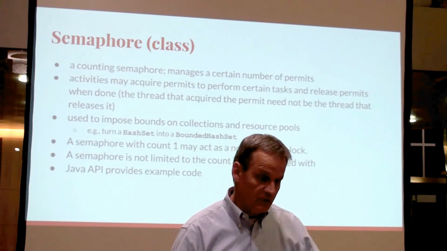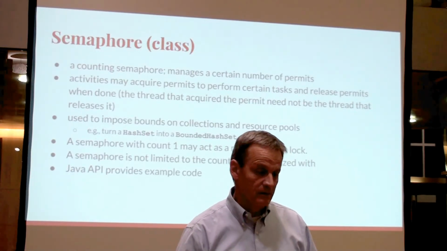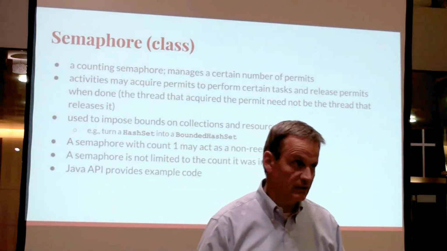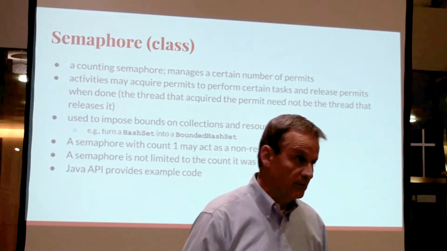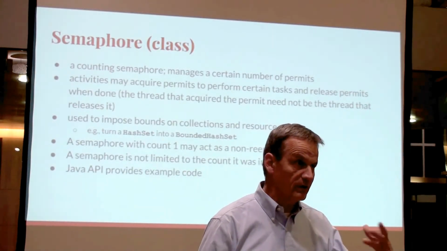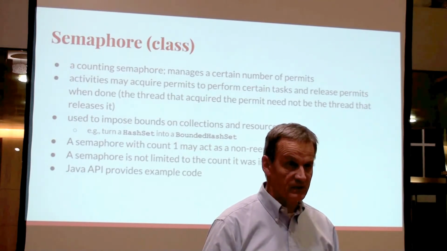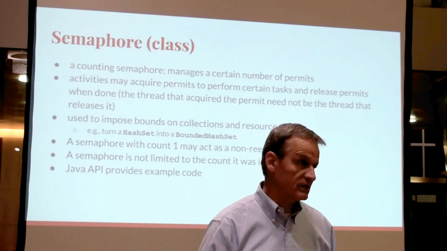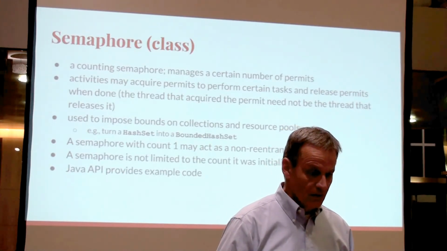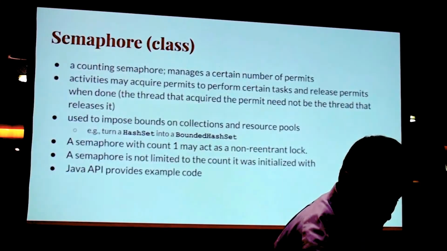So it can be used to impose bounds. If you have an implementation of a hash set, for instance, you can make it into a bounded hash set by having a semaphore, and you have to acquire, and that provides a certain number of permits. When that number of permits has been exhausted, then your hash set is full. Again, the Java API provides example code.